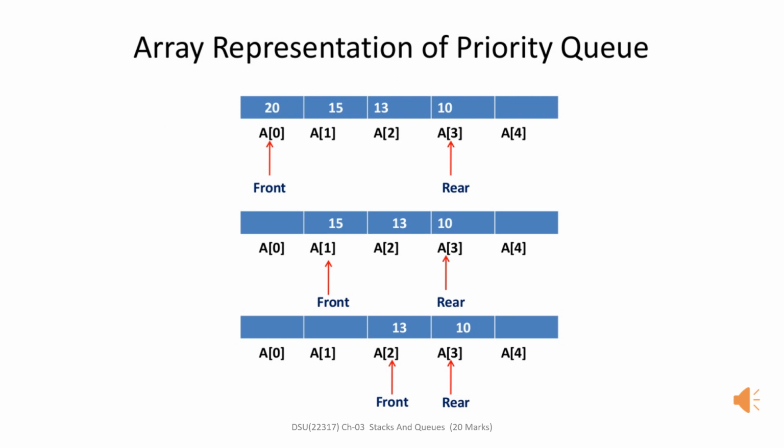See here, this is the example for deletion of a priority queue. Initially 20 is deleted, then 15 is deleted, and 13 will be deleted, and 10 will be deleted. Okay, there is no priority while the deletion operation.